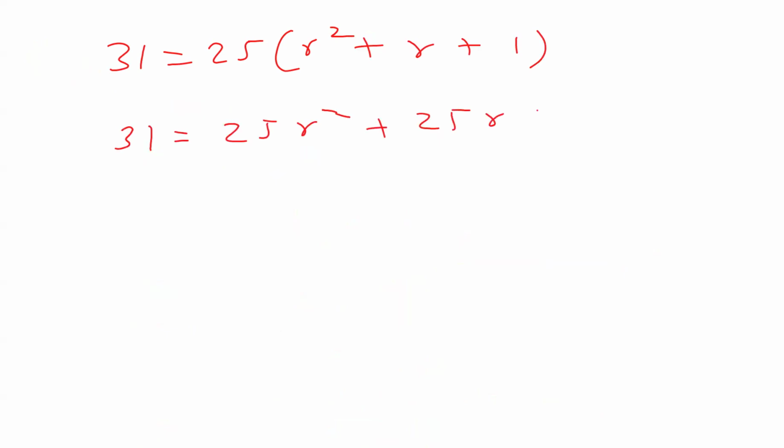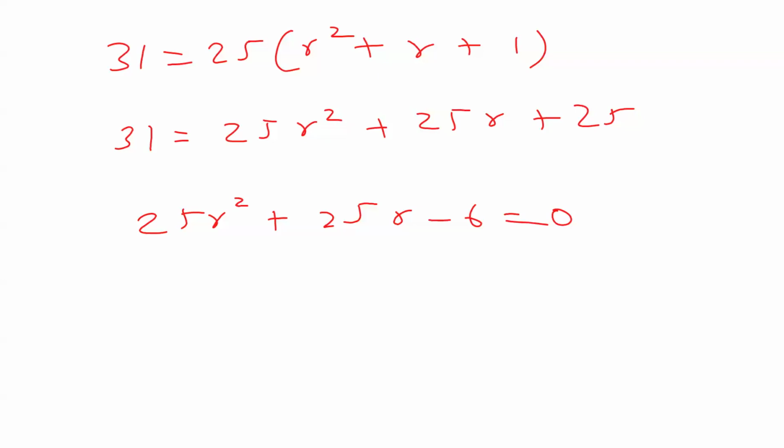That is 25R square plus 25R plus 25. Taking everything on one side: 25R square plus 25R plus 25 minus 31 is minus 6, equal to 0.